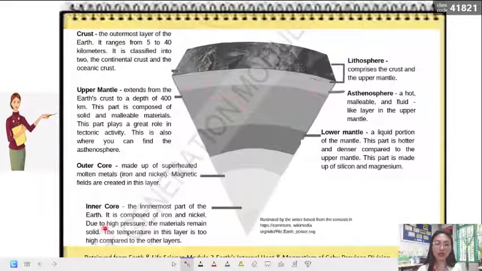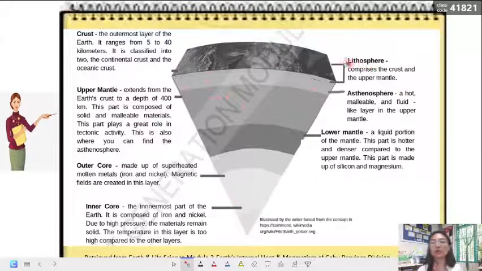Again, due to high pressure, the materials remain solid. So kani jud ay nga part maoy solid. The temperature in this layer is too high compared to the other layers. So if we compare these many layers of the earth, the inner core is the solid one and with the highest temperature among all.